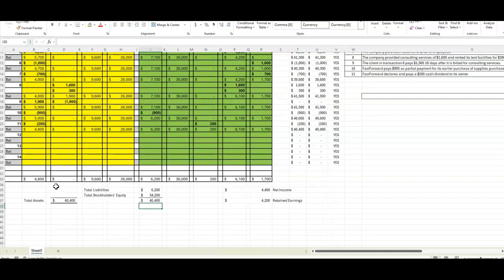On the balance sheet, we would have all our assets, and we would have everything except dividends and expenses and revenues. All those would be rolled into one thing. So you would have accounts payable, common stock, retained earnings.